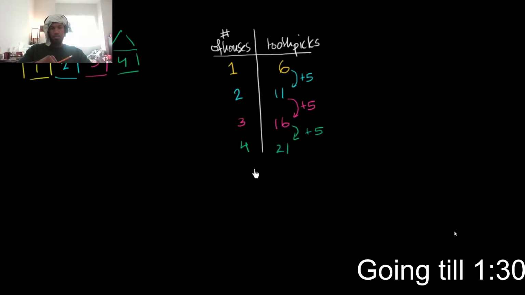21. Now, I want to think about, can we, using this pattern, figure out how many toothpicks it would take for us to, say, make 50 of these townhouses, or even 500 of these townhouses, or even 5,000 of them.